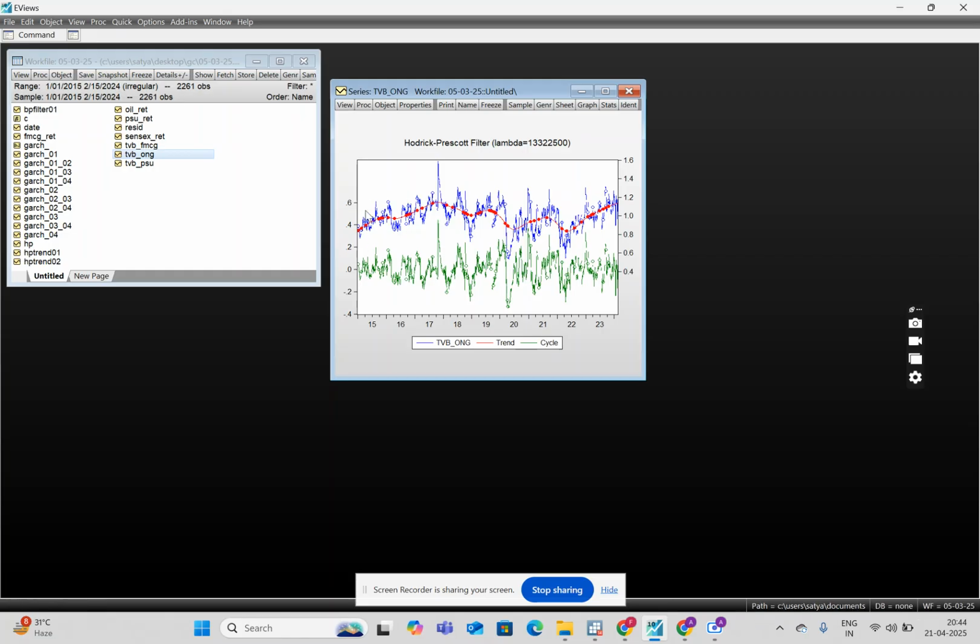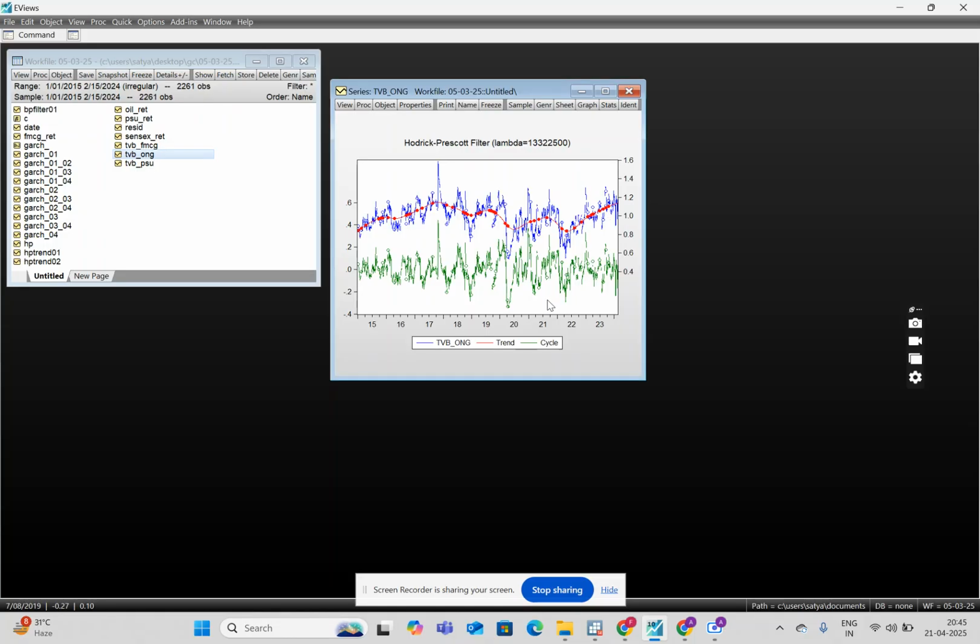As you can see, it doesn't take into account the fluctuations in the actual data set, and it is filtering out high frequency fluctuations and just retaining medium and low frequency fluctuations. It is used for very simple analysis. However, it actually distorts a lot of the data set. As you can see at the end of the data, it doesn't show much of a cycle, so it is not a very accurate kind of a filter.